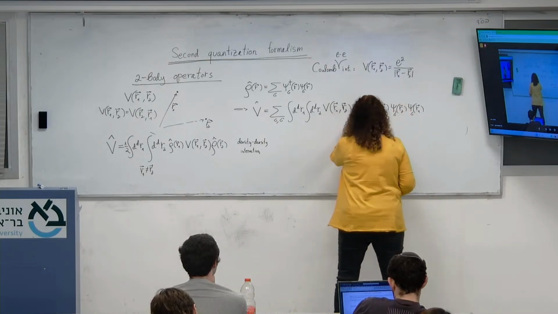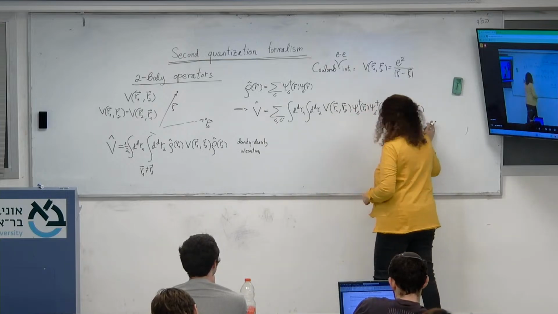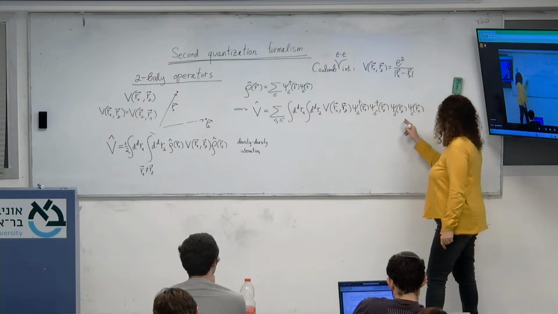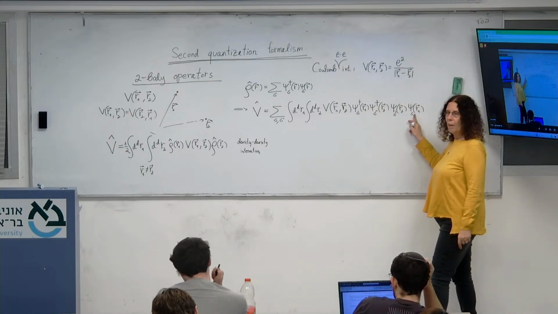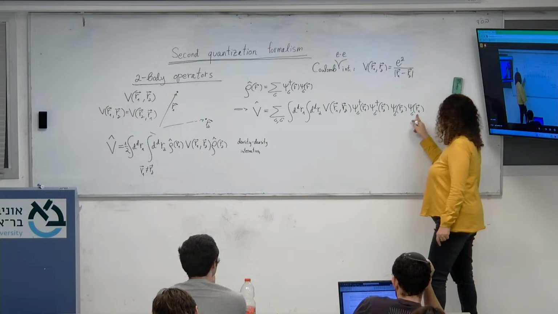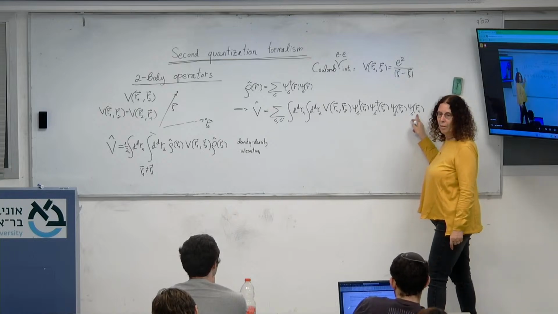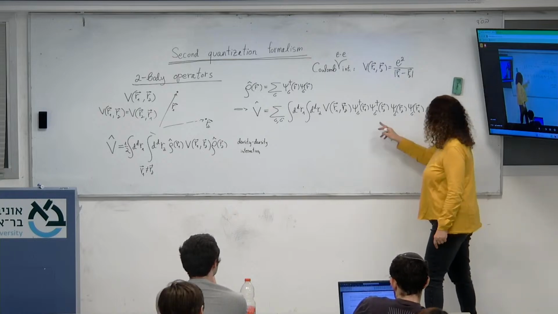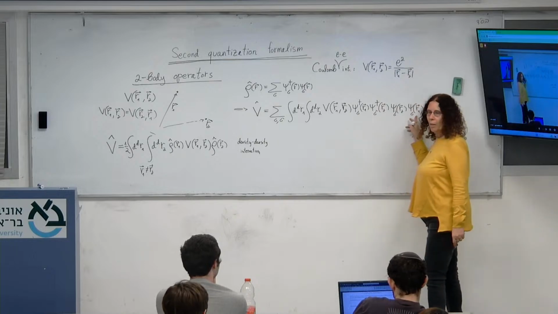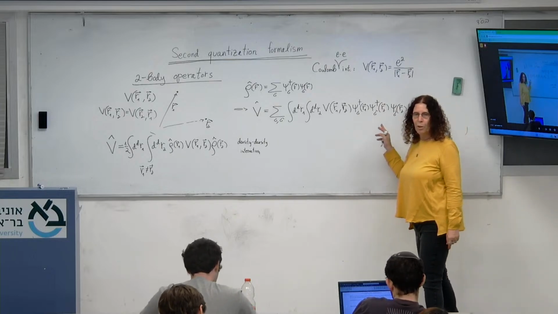And what did I do here? I reshuffled the annihilation operator psi to the right-hand side. And by the way, notice that it doesn't matter if these are fermions or bosons.